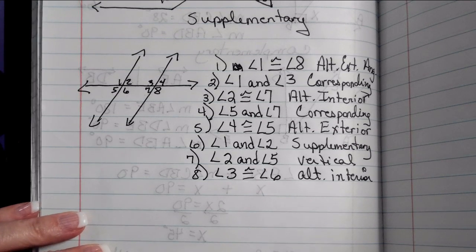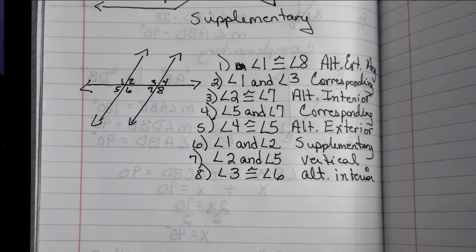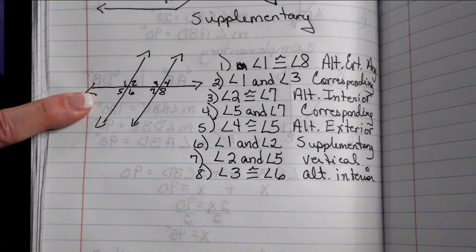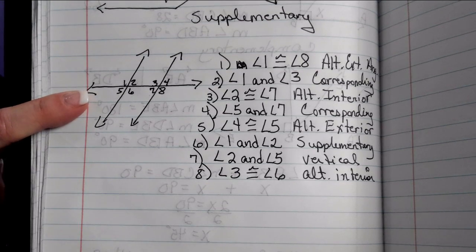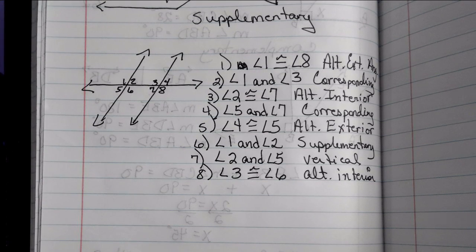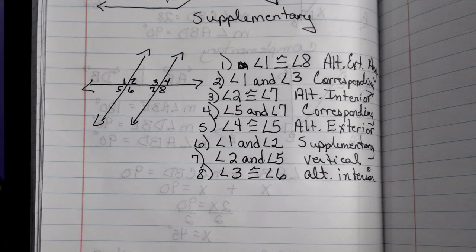So when we have tests, will we have to be able to pick these out? Yes, and how you would see it is they would give you a drawing, and then it would say, okay, angle 2 and angle 7, are they alternate exterior, alternate interior, corresponding, supplementary? So you'd have to know what those words mean just so you could pick out the right thing.